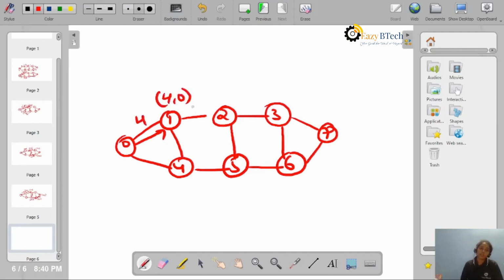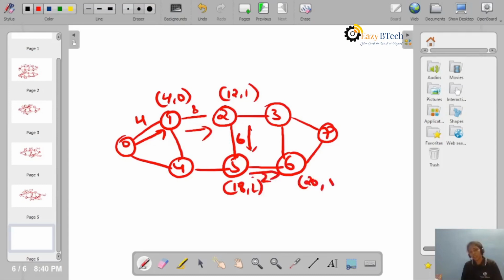Then we have to add to the previous one. 18 comma 2, here 2. 20 comma 5.